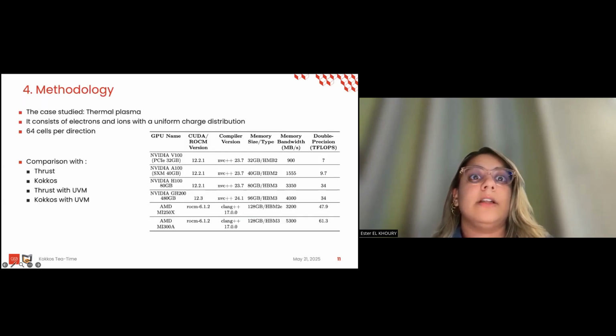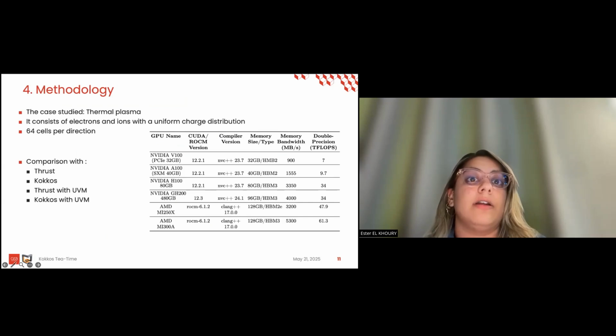The methodology: in this work, we compare three ways to program GPUs in parallel. We mainly focus on Thrust, which is the backend used by STD-PAR in NVIDIA, and by AMD through rocThrust since ROCm 6.1.